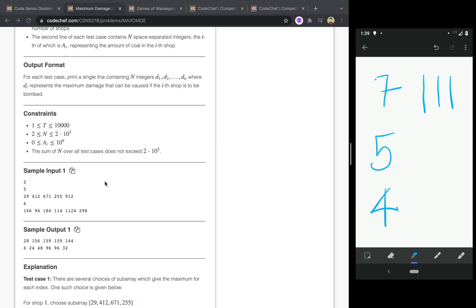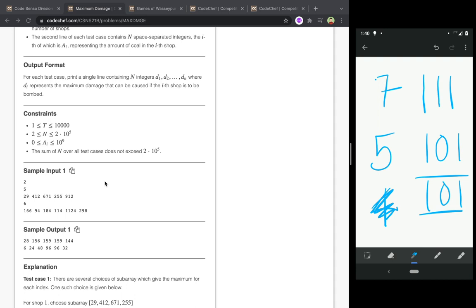And if you represent 5 in binary, that would be 4 plus 1, which is 101. When we take the AND of these two numbers, the number of ones will either be the same or decrease. Let's just remove 4 for now, and the AND of these would be 101.